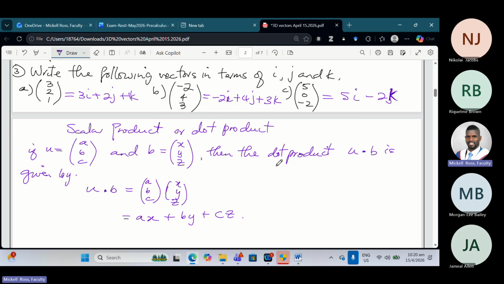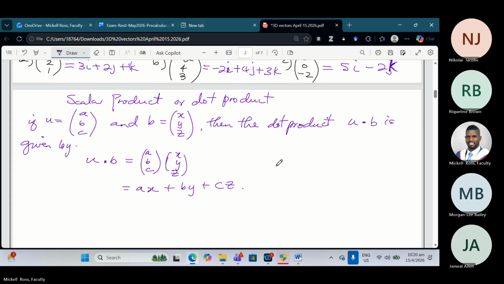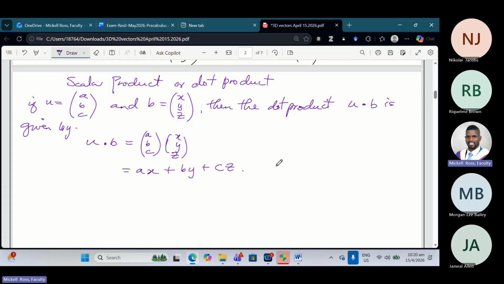All right, so we're looking at scalar dot product, and it is just how we multiply the matrix.